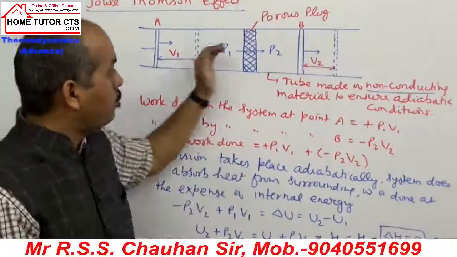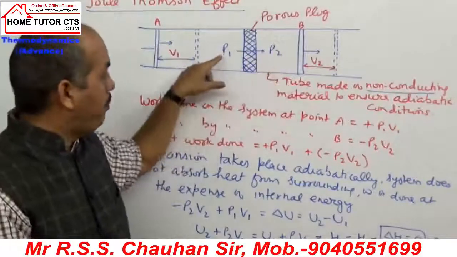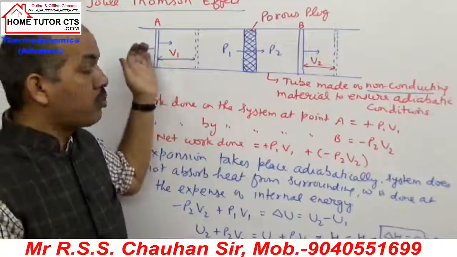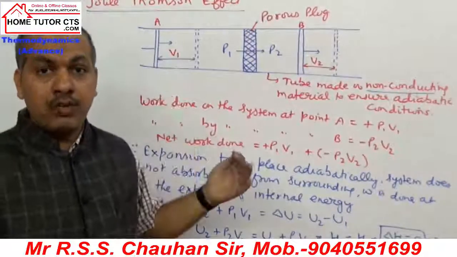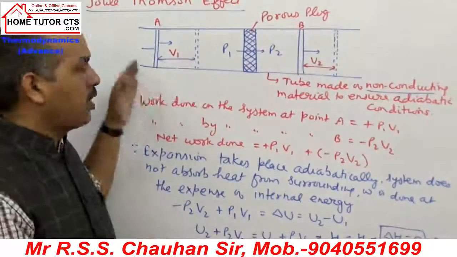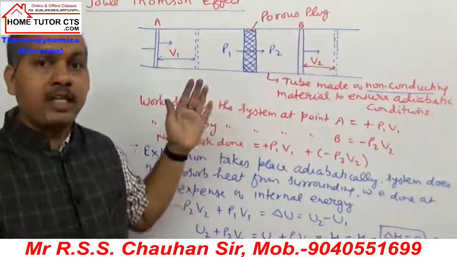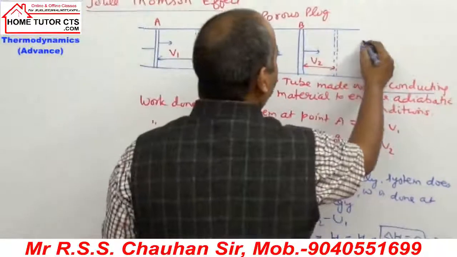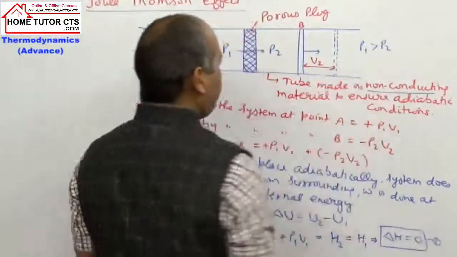When the gas comes to this portion, pressure P1 is higher than pressure P2, because the gas will diffuse from a region of high pressure to a region of low pressure. That means in this case P1 is more than P2.